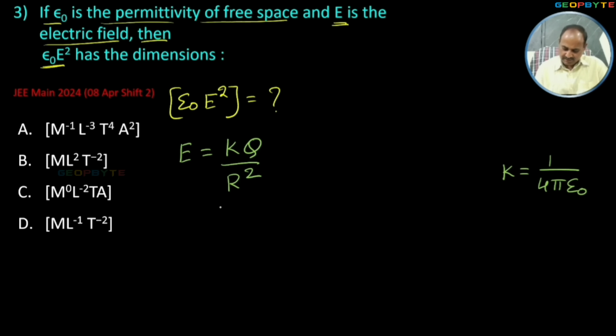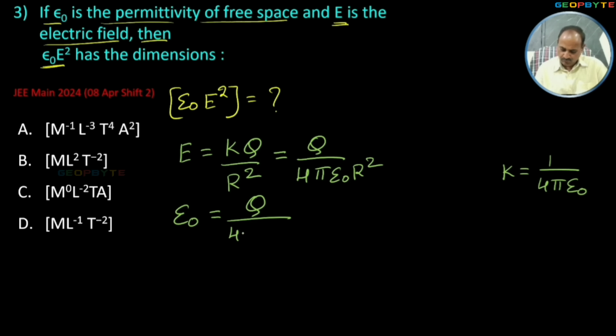So it can be written as Q by 4 pi epsilon naught into R square. From this I can write that the permittivity of the free space, epsilon naught, equals Q by 4 pi E into R square.